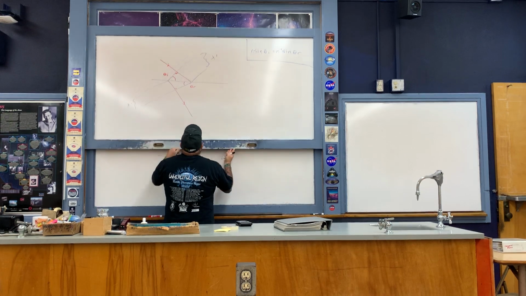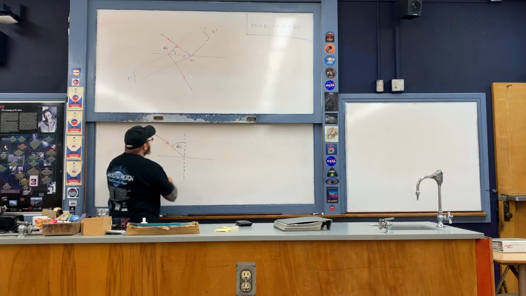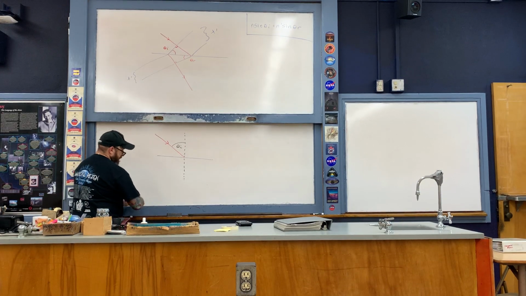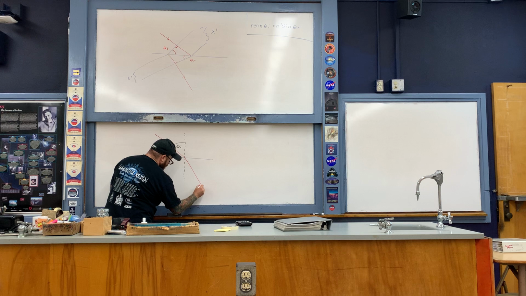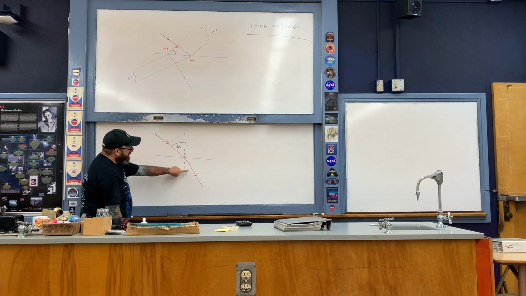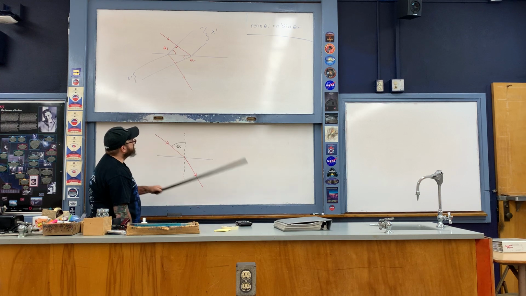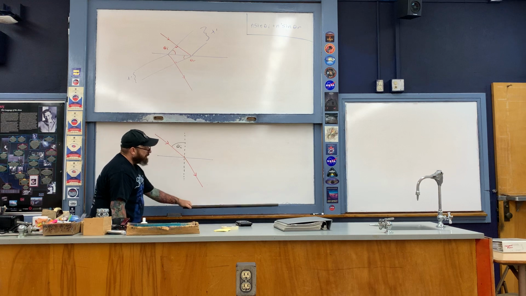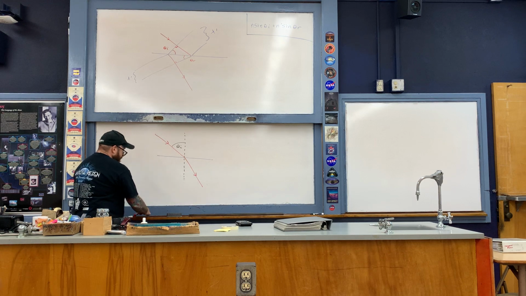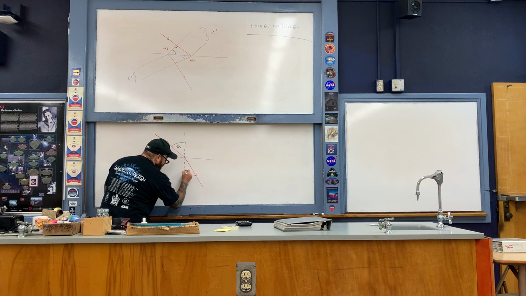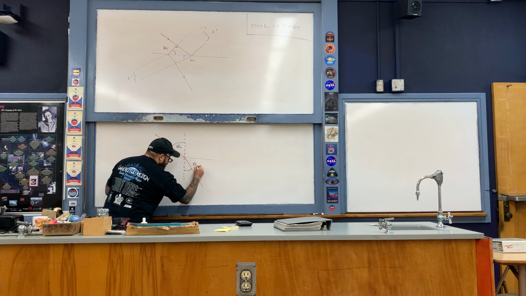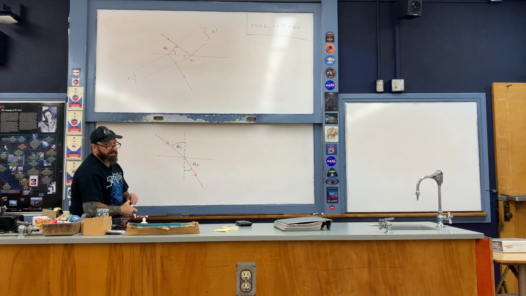Then we have the refracted light ray that looks like this from the top board, like so. So this guy right here that I just drew is the same thing as this. And then right here, another angle is formed with respect to the normal line. This right here is the angle of refraction, theta sub r.